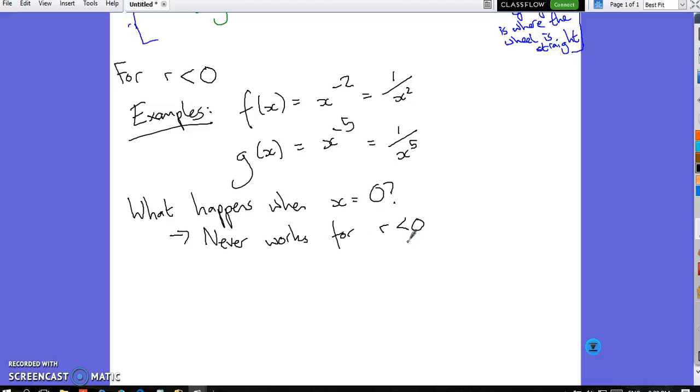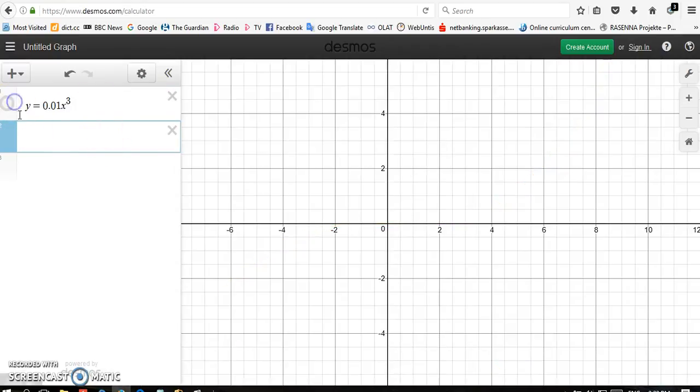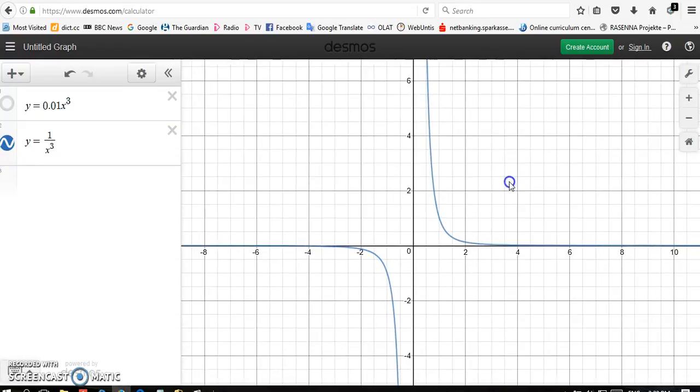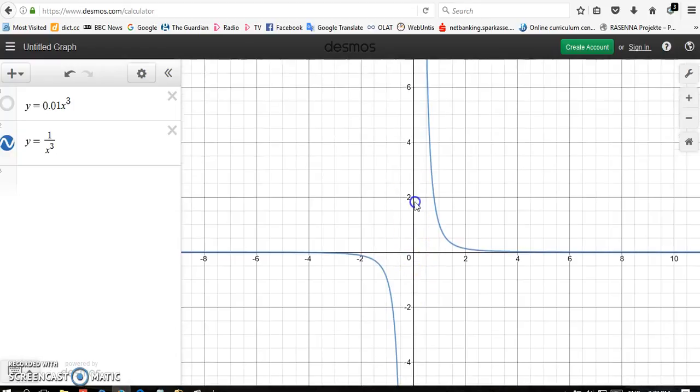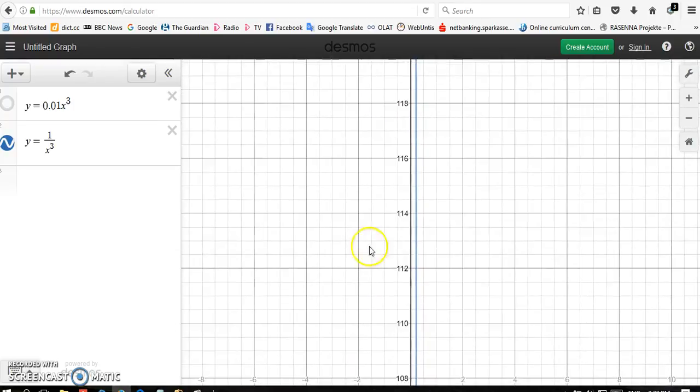And that's why, if you notice in the graphs of the functions on page 30, if you go to the origin, to where x is equal to 0, and then take a look up and down the y-axis, you'll find that they never cross the y-axis, and that's because they're not very well defined. If I put one of these into a graph drawing program, let's hide that one for the moment, let's do y is equal to 1 over x cubed, let's say, then you can see that when x is 0, even if I bring the axis up really far, it never hits the y-axis.